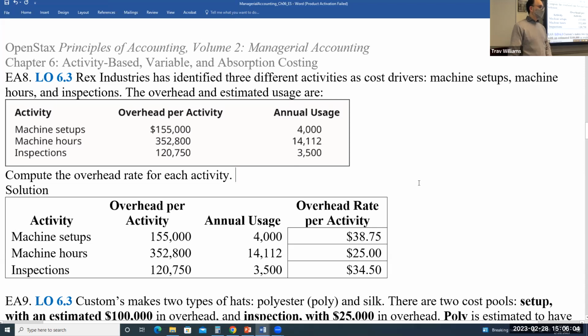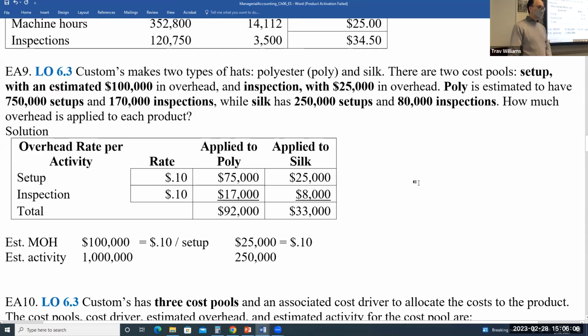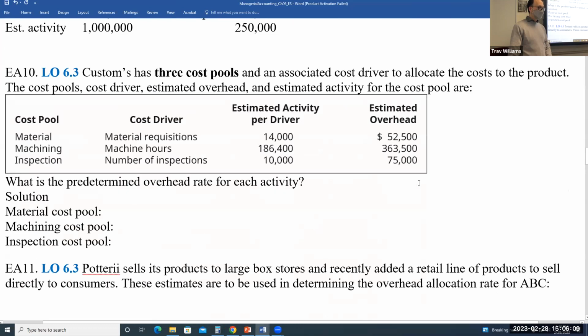Any questions there? We did number 9 already. For 10, okay, 3 cost pools. Let's see. So we already have the cost pool, the driver, estimated activity, estimated overhead. Again, all we have to do is divide to come up with the rate.